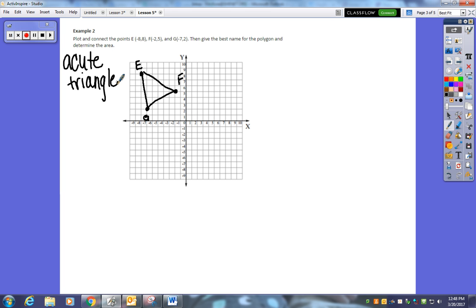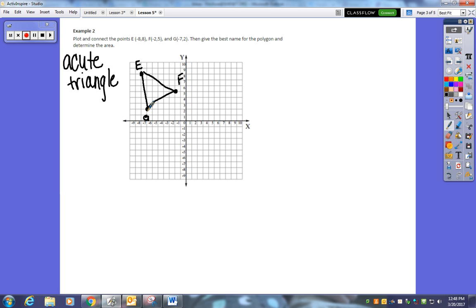Now, in order to find the area of a triangle, I would have to know the base and the height. If we look at each one of these sides of the triangle, I can't really find a side where I would be able to count out the base because it's not on the lines of the grid.